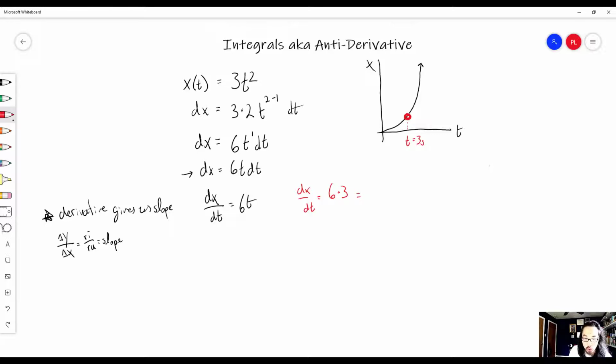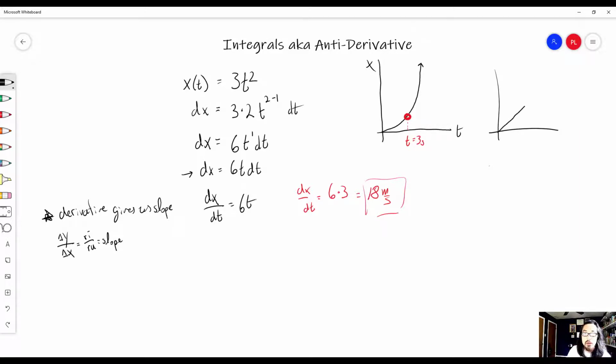The slope at that point is going to be 18, and this will be meters per second, right? So at that point our slope is a value of 18, and we can plot it. In fact, if we plot it, we get something that looks like this.